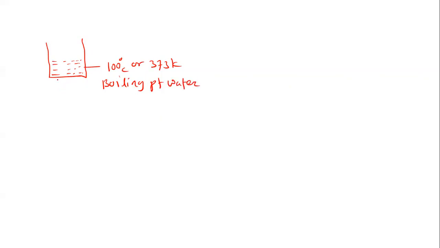Now if we add a non-volatile solute in water, suppose we add the non-volatile solute sodium chloride, then due to the addition of sodium chloride, the vapor pressure decreases and the liquid boils at a higher temperature.